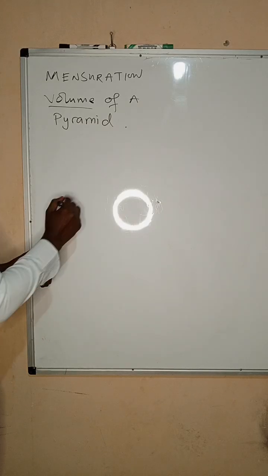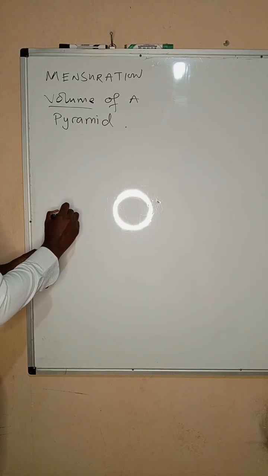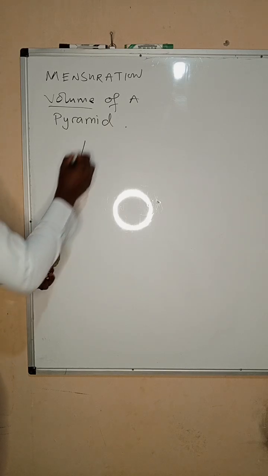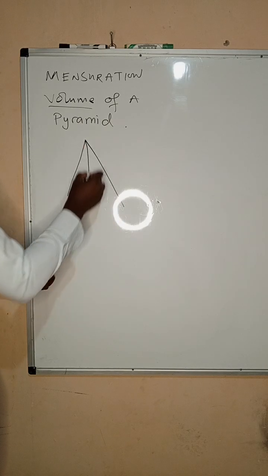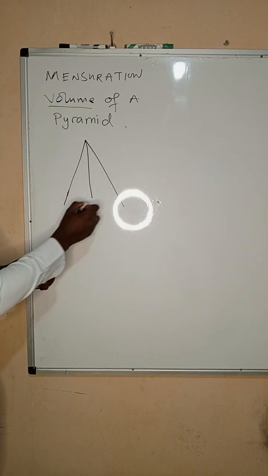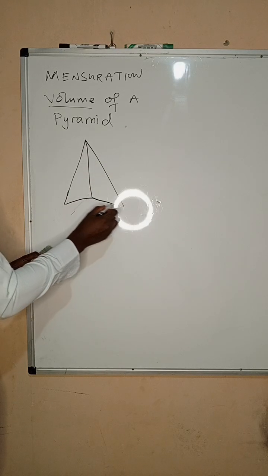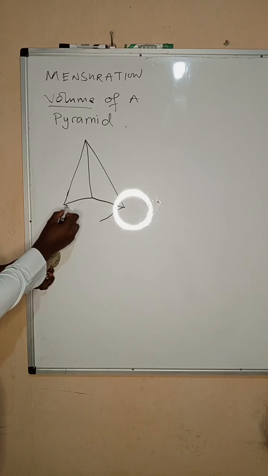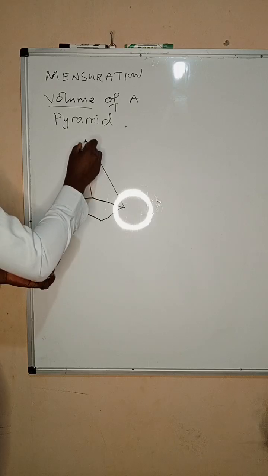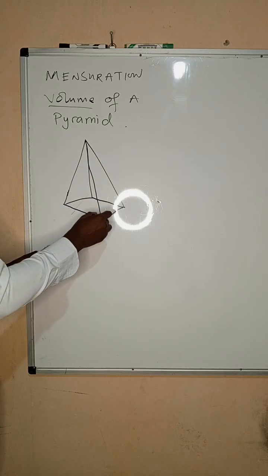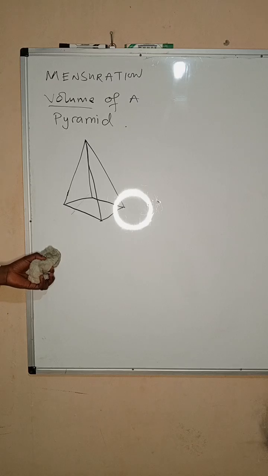I'm trying to find the best way to draw it. It will look like this. I've drawn 2 lines, 3, and then I'll draw it like this. Another line, this one is coming to join this one here. Have you seen this pyramid?